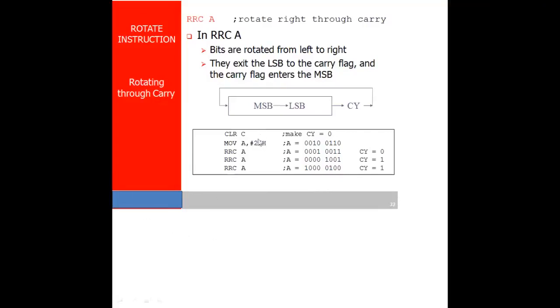If the RRCA instruction is executed, the LSB position bit will be transferred to the carry, and the value that was stored in the carry will be placed inside the MSB position. In this way it will rotate the bits to the right hand side. The carry is involved in this operation, whereas it is not involved when we perform only the RRA operation. That is the only difference.